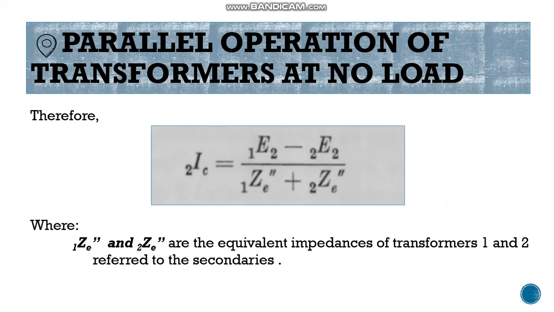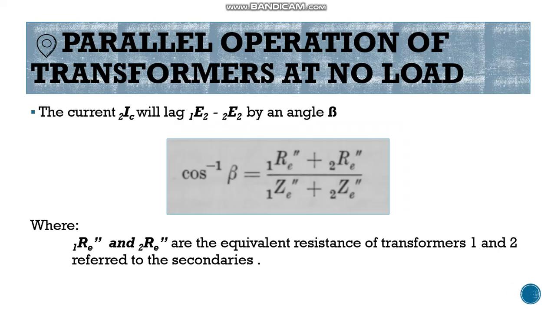Therefore, the circulating current is equal to the difference in the secondary voltages of transformer 1 and transformer 2 divided by the sum of equivalent impedances of transformer 1 and 2 referred to the secondaries.